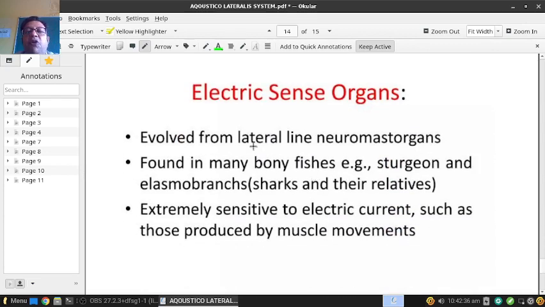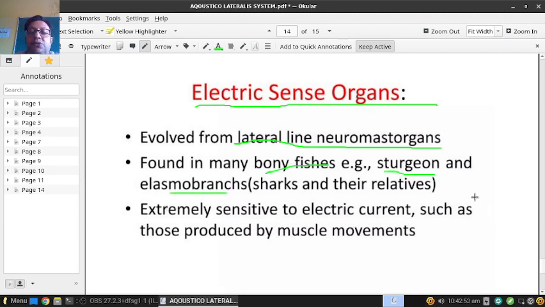They have evolved the electric sense organs from lateral line neuromast organs. They are found in some bony fishes like sturgeon, and in elasmobranchs, sharks, and they are extremely sensitive to electric current. Electric currents are produced by muscle movement.